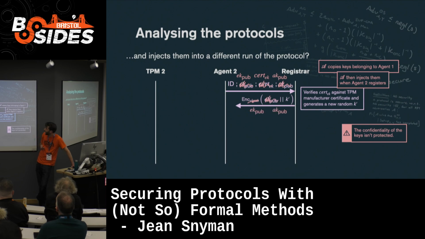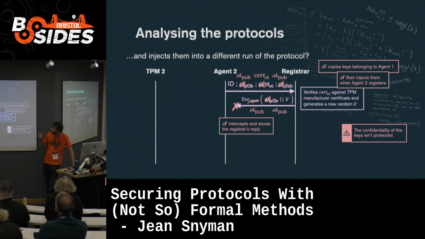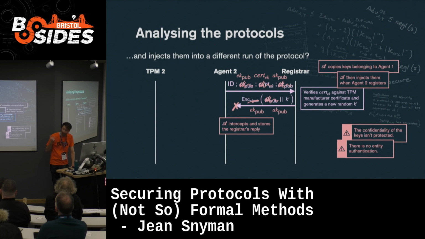As a result, the value that the registrar sends back is actually encrypted with the other agent's EK pub, and it contains the other agent's AK. We don't want that message to go through, because if this TPM receives it, it's not going to be able to do anything with it. That would be pointless. So we just block that request. But the adversary saves that for the future.